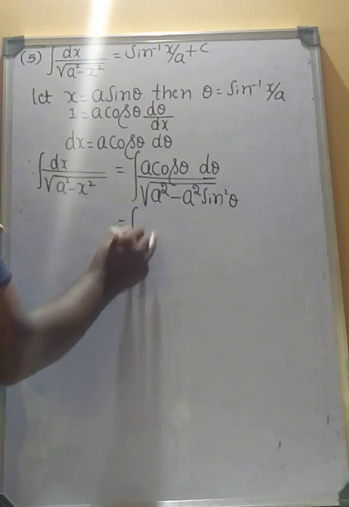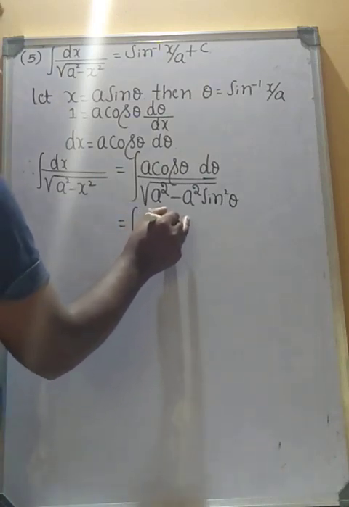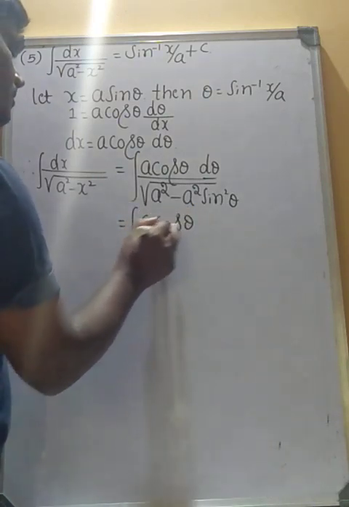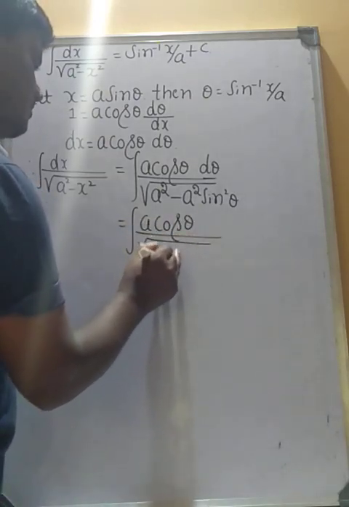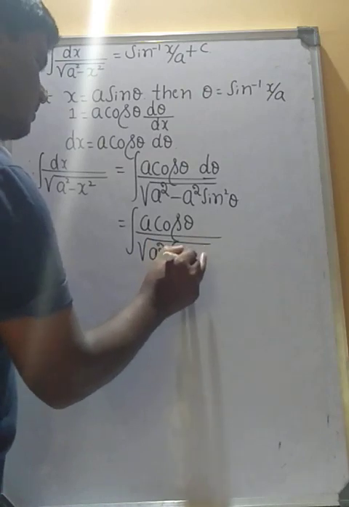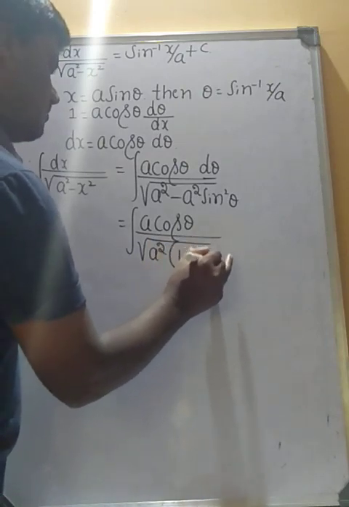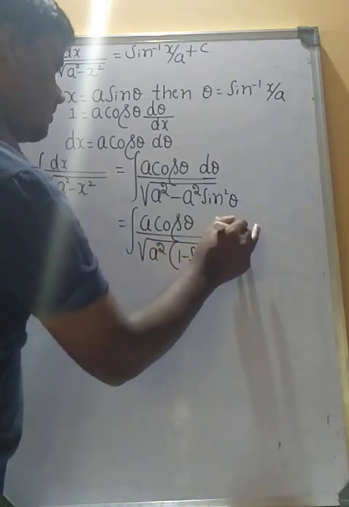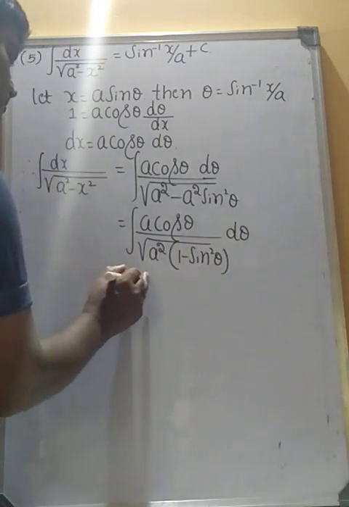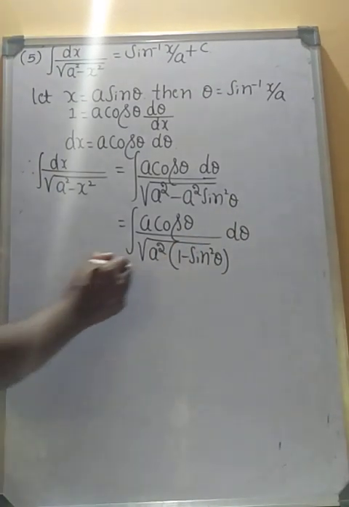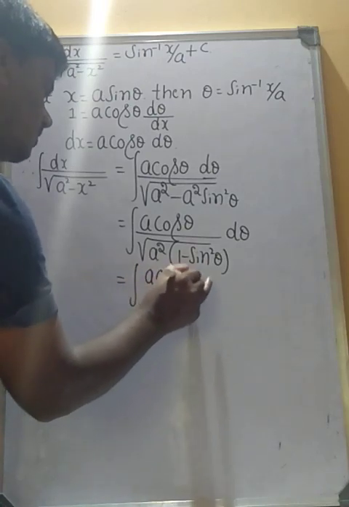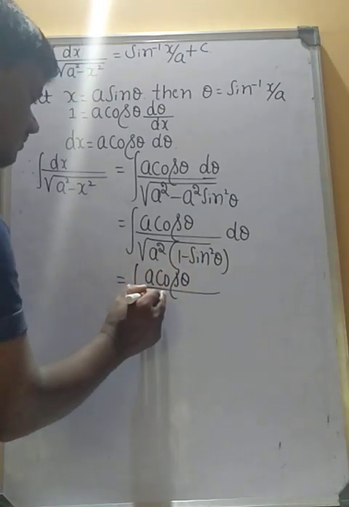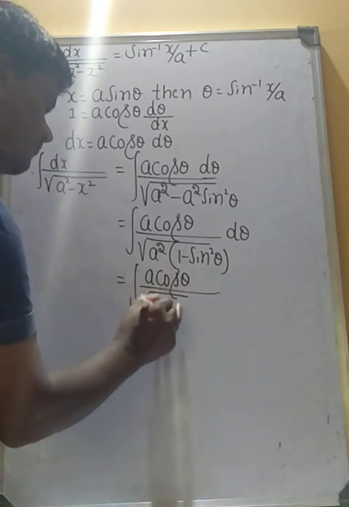It equals integral of a cos theta divided by root of a square, common, in bracket 1 minus sine square theta, into d theta, equals integral of a cos theta divided by root of a square.